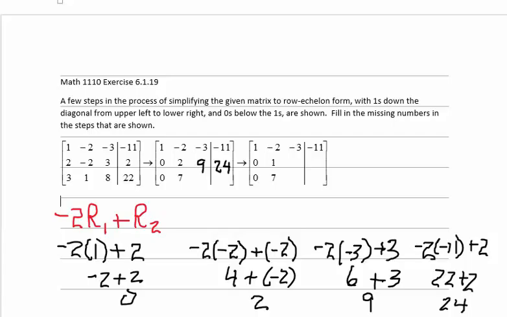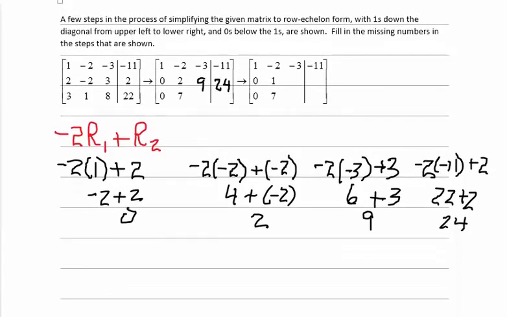All right, now similarly, we want to find out how we get the missing elements in row 3. So we notice there's a 3 in the original row 3, a 1 in my row 1. Notice row 1 is the row that's not changing. So that's the row I have to use to change both row 2 and row 3.